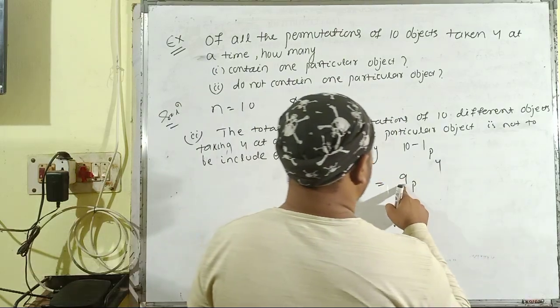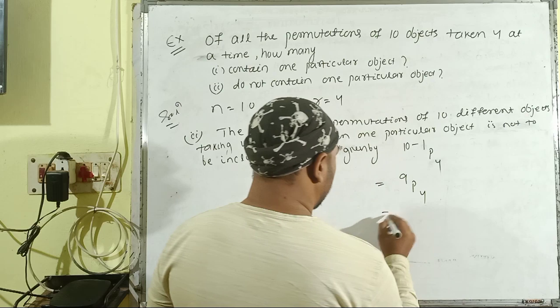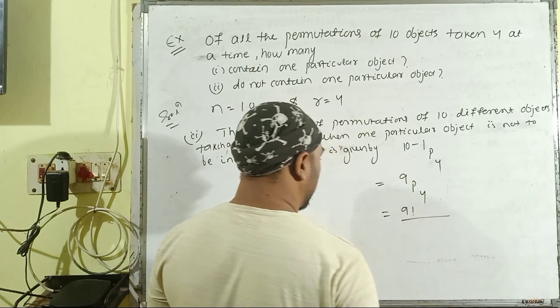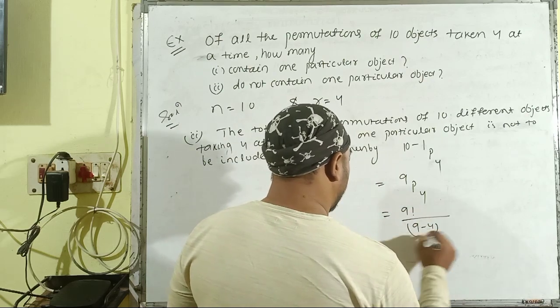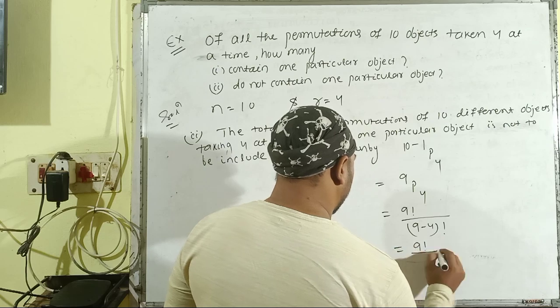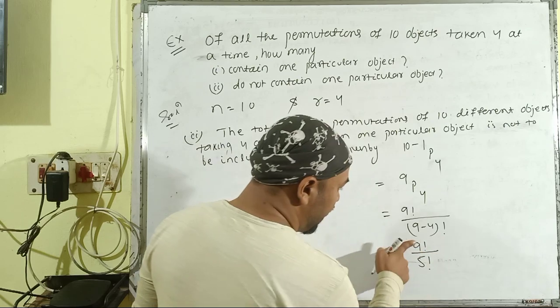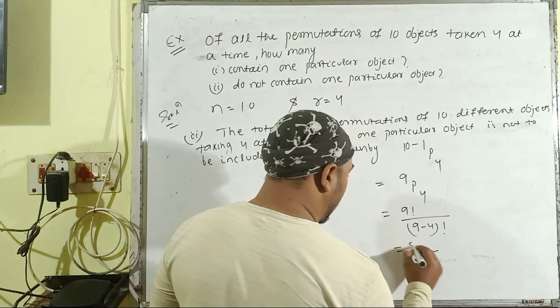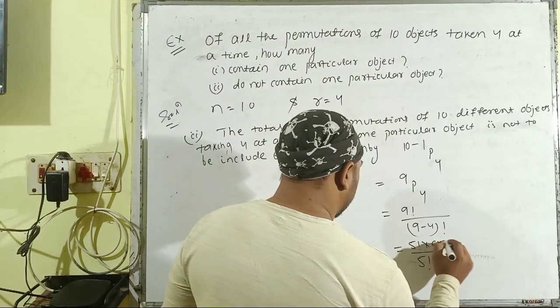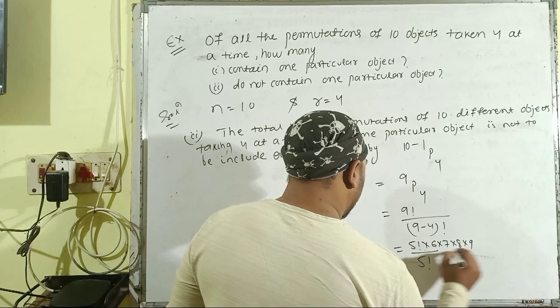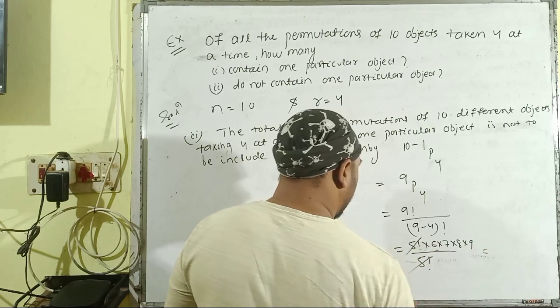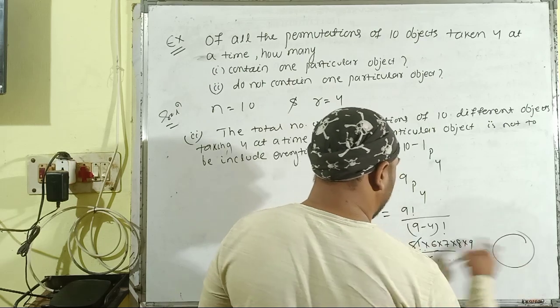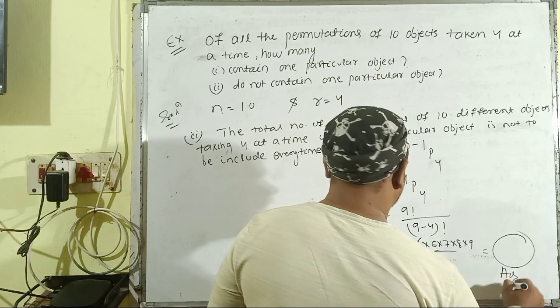That means 9P4. Putting the formula, it is 9 factorial divided by factorial of 9 minus 4, that is 9 factorial divided by 5 factorial. Again factorizing the 9 factorial in terms of 5 factorial, 5 factorial into 6 into 7 into 8 into 9. Then cancelling both of the 5 factorial, just multiply these 4 numbers and find the answer.